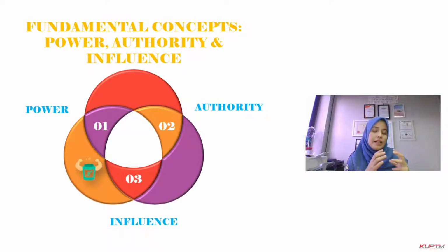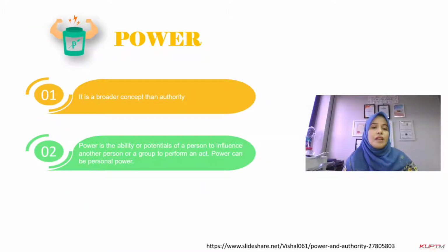Some people have authority and do not have influence. Some people do not have authority but have influence. And some leaders have both. So power is a broader concept than authority and even influence.